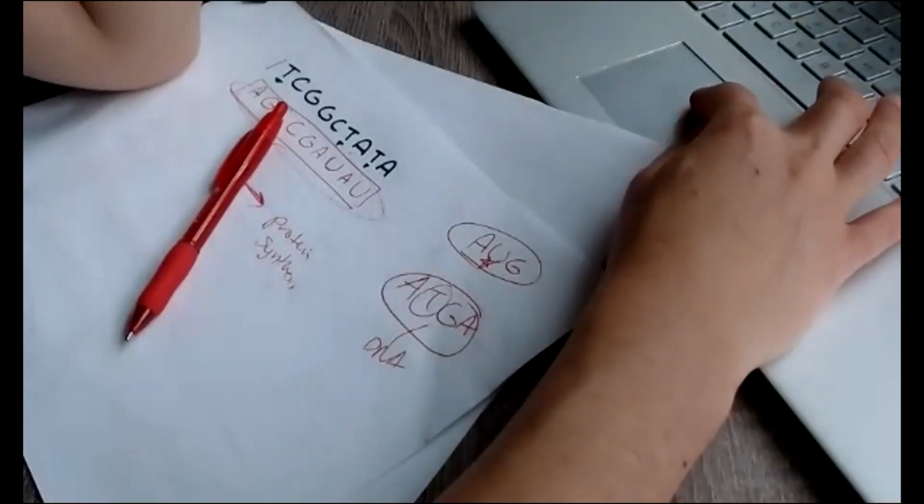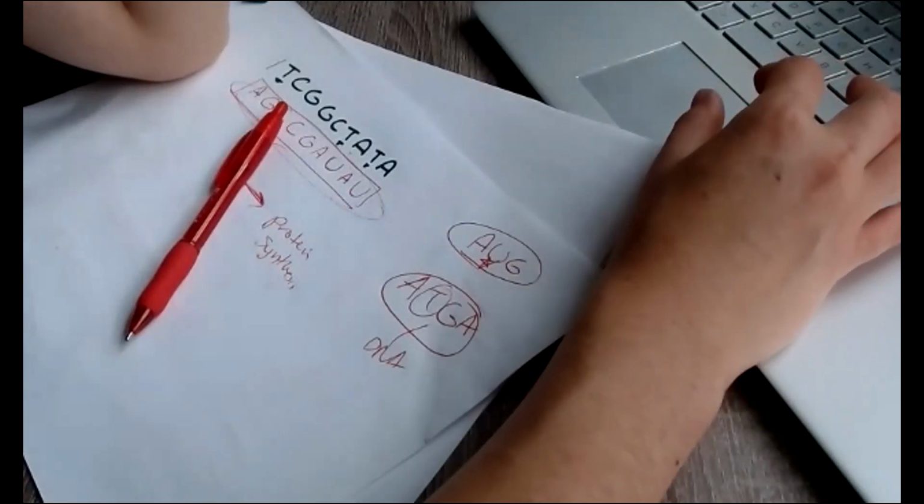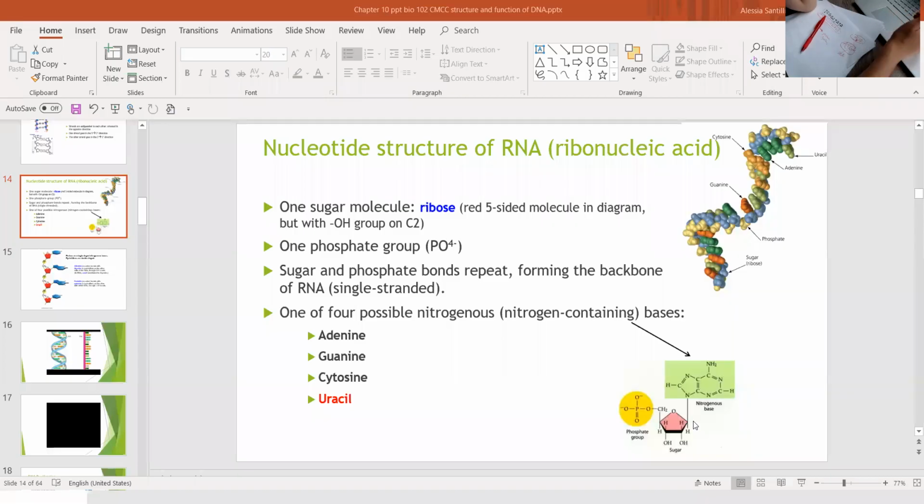So you definitely need to know the differences between RNA and DNA, not only the roles that RNA takes and the roles that DNA has, but also that the sugar in RNA's nucleotides is ribose instead of deoxyribose, which is what we have in DNA. RNA is made out of one strand instead of two strands, which is what DNA has.